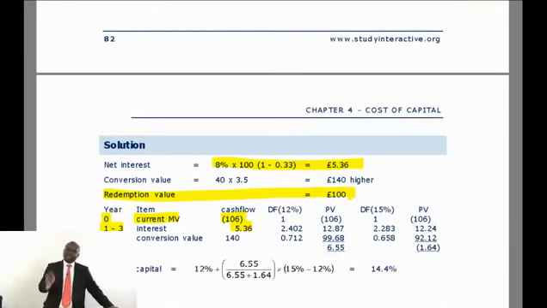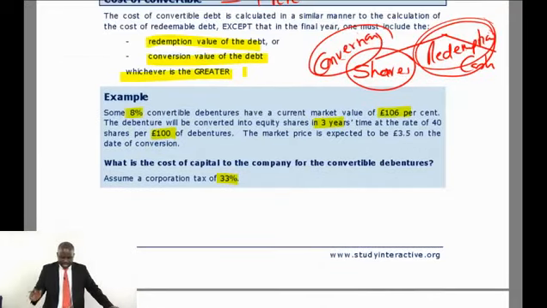Conversion value is the value of the shares you will get if you decide to convert the debt into shares. If you come here, it's telling you that you can convert 40. Okay, every debt you have can be converted into 40 shares. So every 100, I will convert it into 40 shares. So what is the market value of the 40 shares as at the date I am converting it?